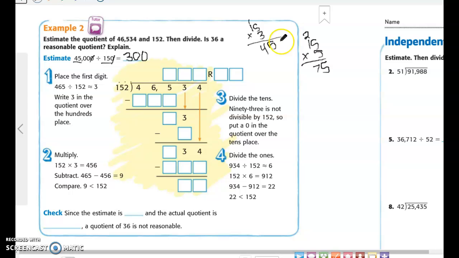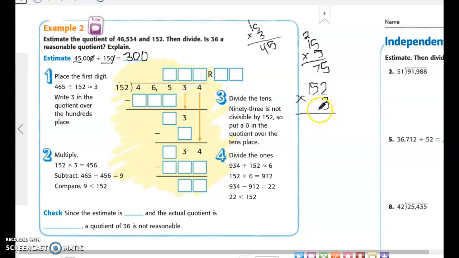Well, if I look up here, I had said that 3 times would be good to get to 45. So why don't we try 152 times 3? Are you guys ready for that? Let's just see. How close can we get? Maybe this number passes it.